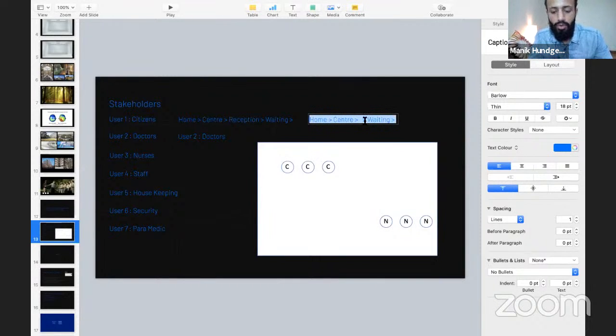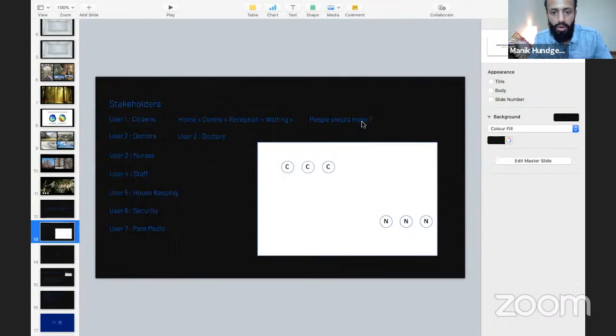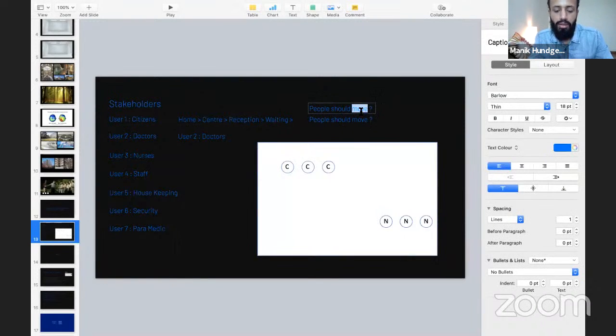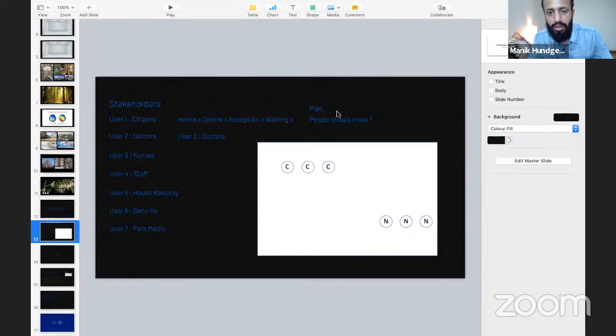Either you can think of how people should move in this space. This is basically your how, or you can plan out the space and segregate, which is basically going to guide how people should move. So you can start with either of these approaches.